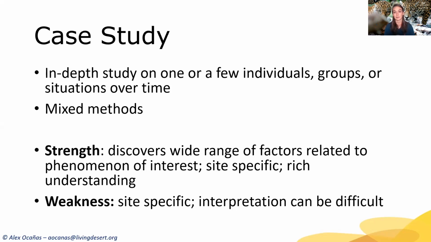So one way around this, or one way to increase the generalizability just a bit, is to do multiple case studies. So instead of deeply studying just one community conservancy, I could study 10 at the same level of detail, and then I might have a more clear understanding of, okay, so these are the 3 common factors that encourage effective communication with community members after I've done multiple cases.